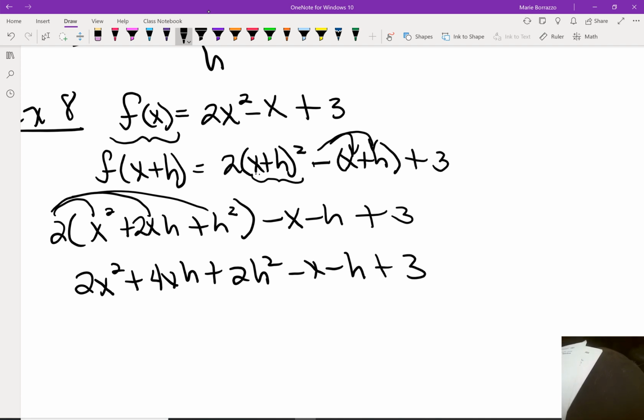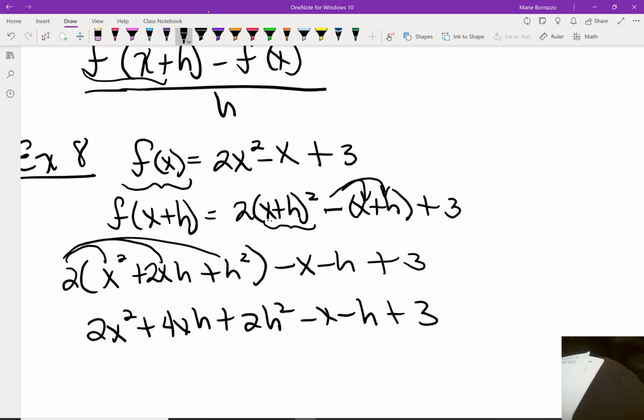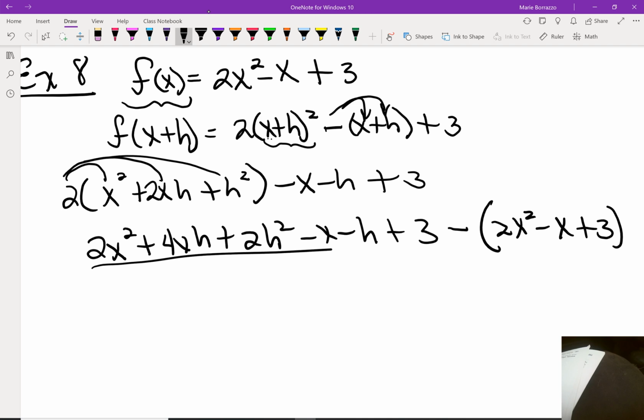Now all of this has just simply gotten you through the first part of the formula. We now need to subtract f of x, which is the 2x squared minus x plus 3. And remember, all of this is over h.